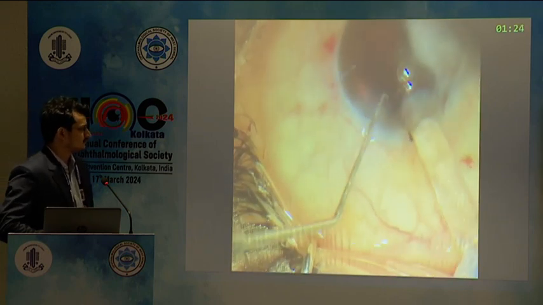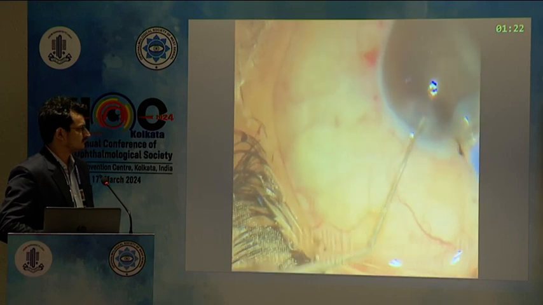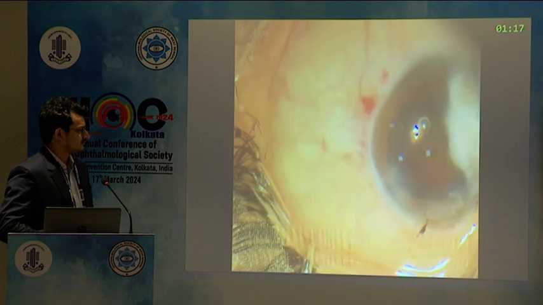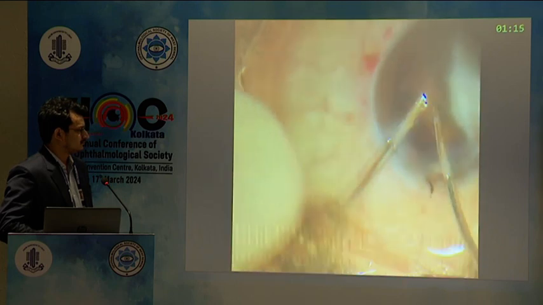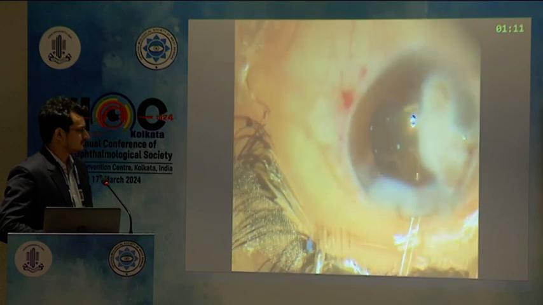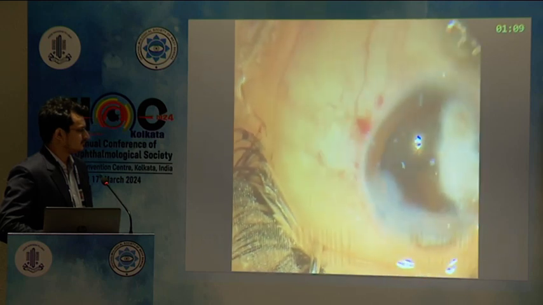Lens is implanted and dialed and confirmed to be inside the bag, and the case is closed. Key to surgery is to keep patience.